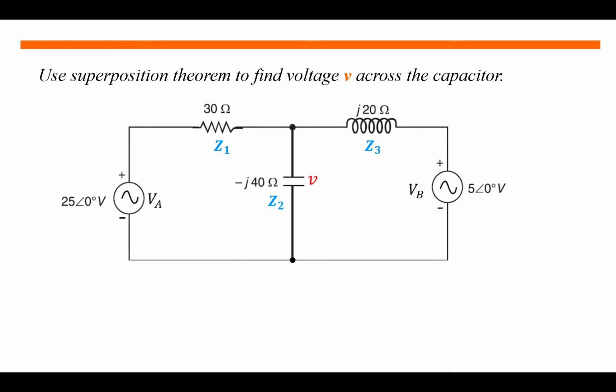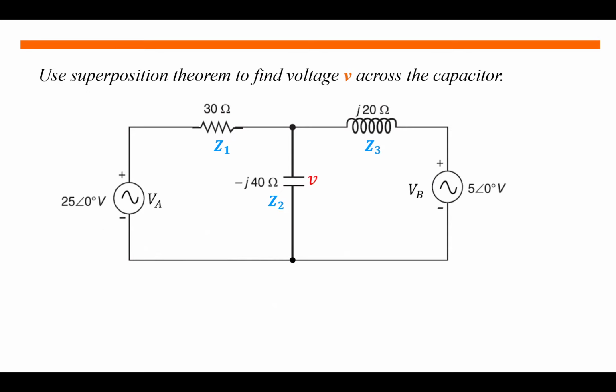So let's have practice problem number 2. So using superposition theorem, find the voltage V across the capacitor. So we are asked to solve the voltage across this impedance 2, which is capacitor.